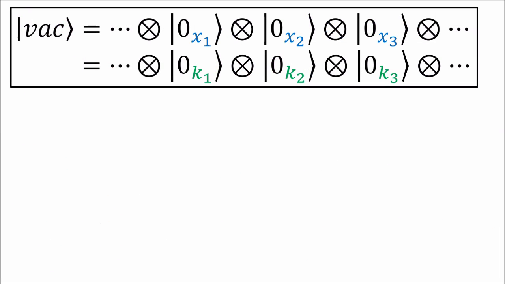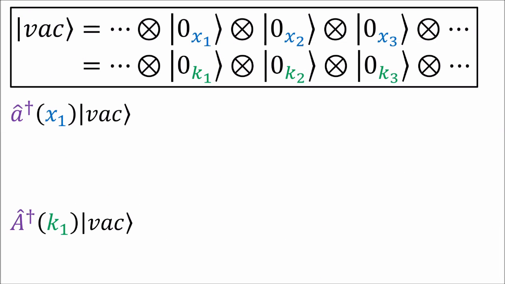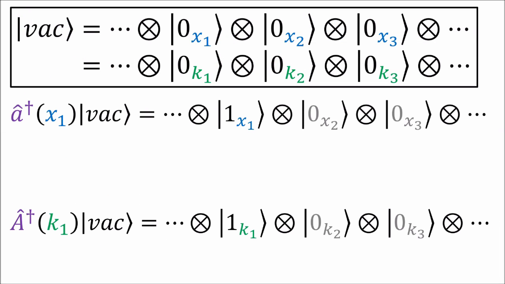Normally, we would have to write position or momentum eigenstates using an infinite number of labels, specifying how many particles are in each possible position or momentum state. But we usually leave out the states with 0 particles and only write the labels for states with a non-zero number of particles.